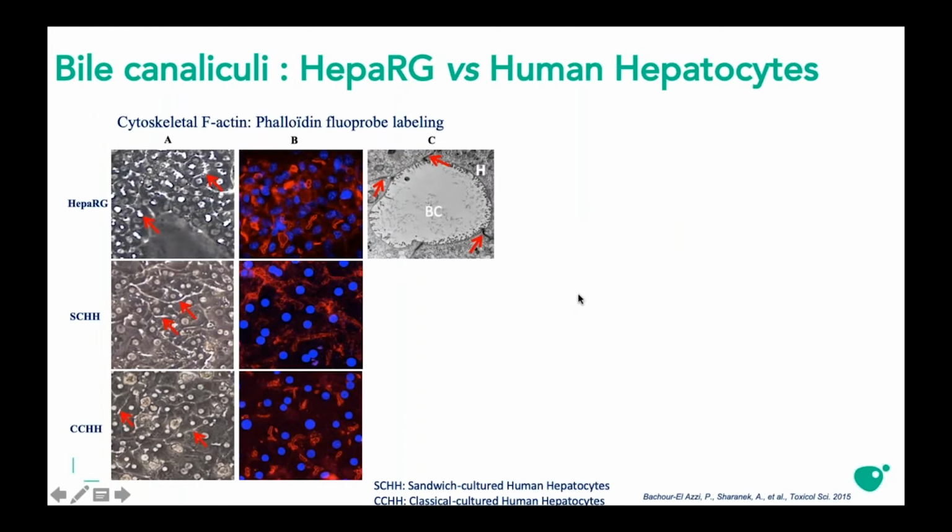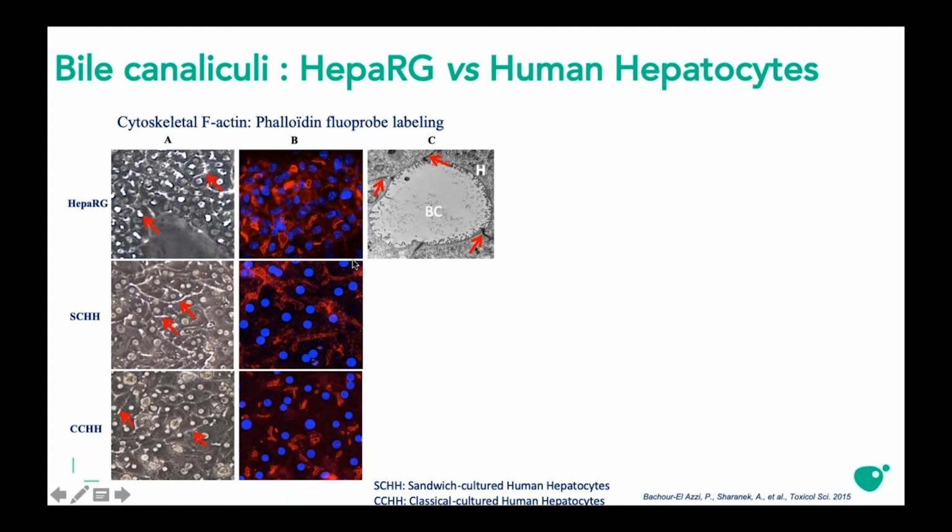We aim to compare bile canaliculi structures in HepaRG cells and primary human hepatocytes. Phase contrast images show that bile canaliculi of HepaRG cells are similar to those observed in sandwich and the classical cultured human hepatocytes. This was confirmed by phalloidin labeling, which showed an abundant pericanalicular cytoskeletal effect in all three models.